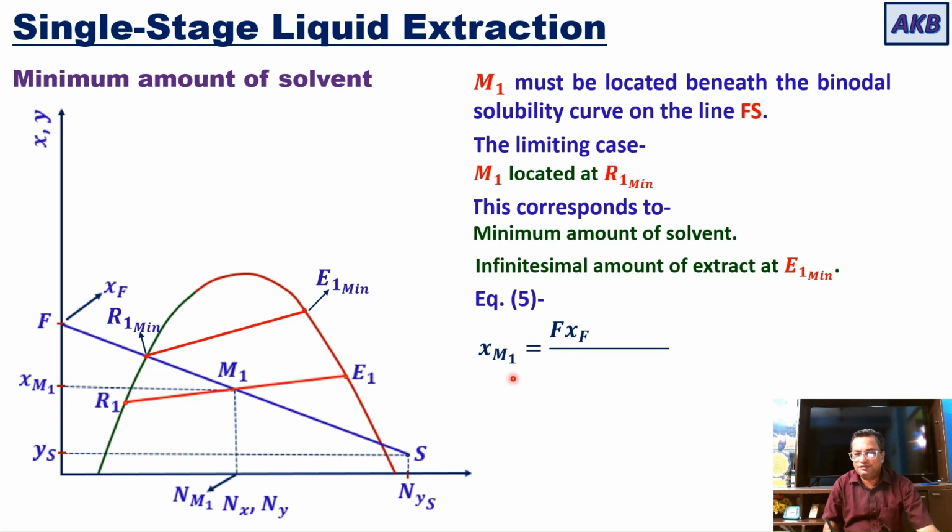Now equation 5, we have got the equation for xm1. xm1 is F xf plus S1 ys divided by F plus S1. And how to get xm1?